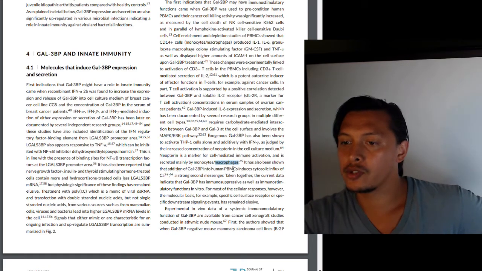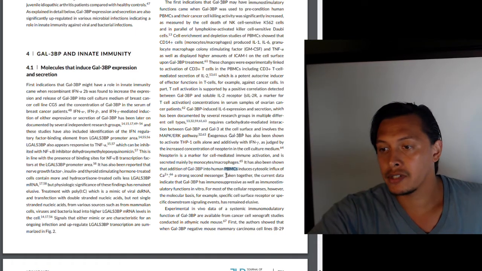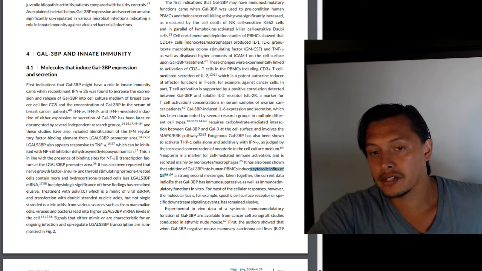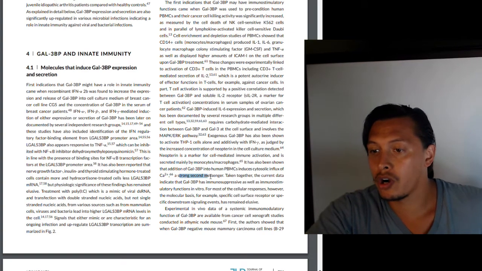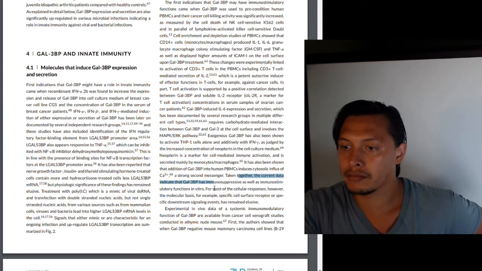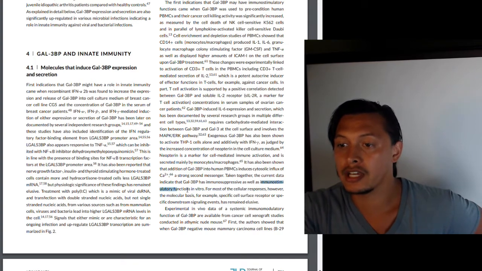It has also been shown that the addition of Gal3 binding protein into human PBMCs induces cytosolic influx of calcium, which is a strong second messenger. Taken together, the current data indicates that galectin-3 binding protein has immunosuppressive as well as immunostimulatory functions in vitro.